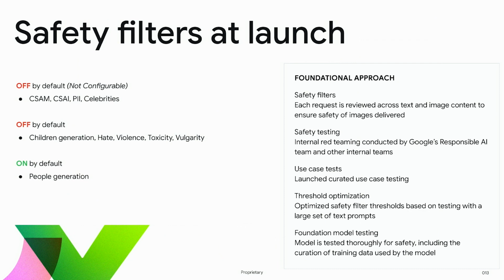Safety filters. At Google, we take safety very, very seriously. As you use this product in your workflows, one thing you want to do is establish the boundaries of the product so that you can create safe outputs. Keeping that in mind, we have a lot of flexibility. First of all, CSAM, CSI, personal information, and celebrities are blocked by default, and these are non-configurable.